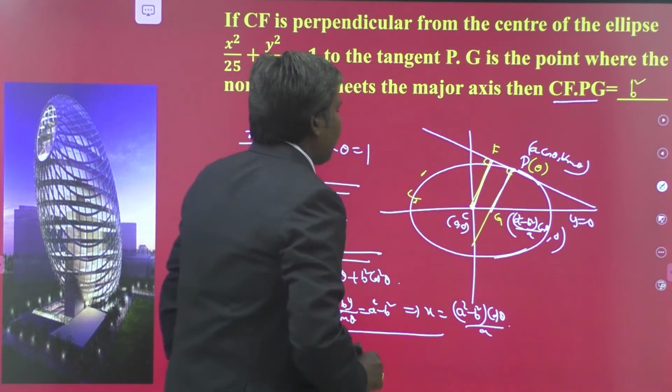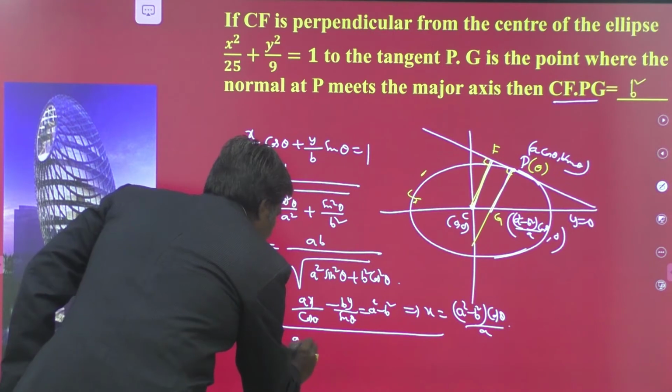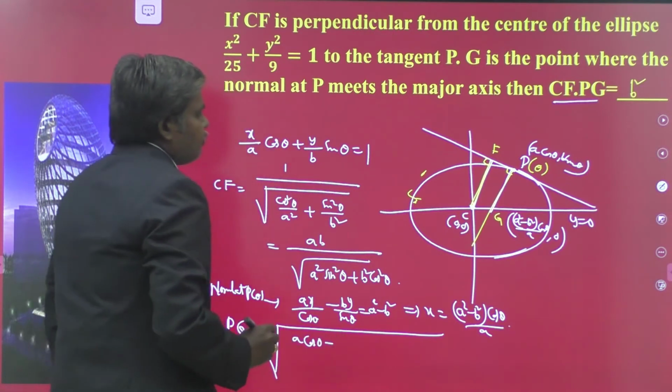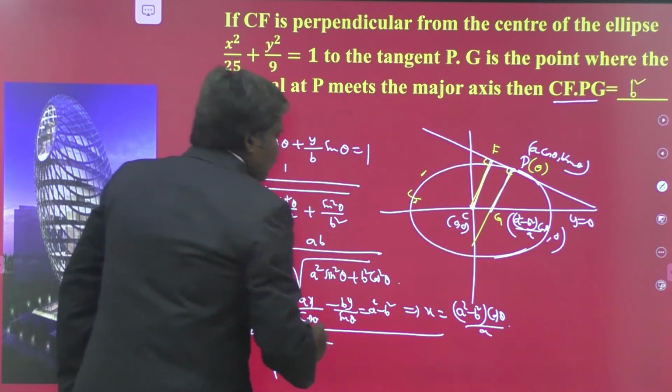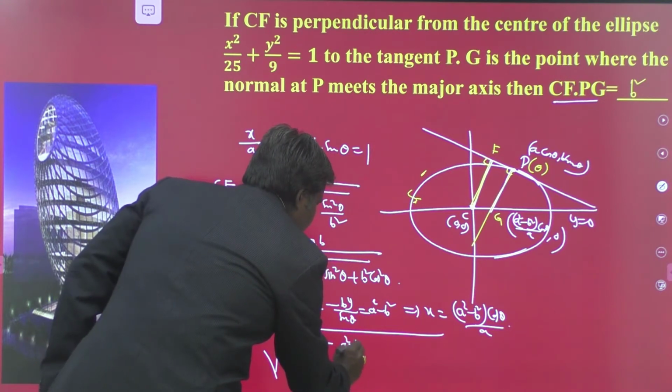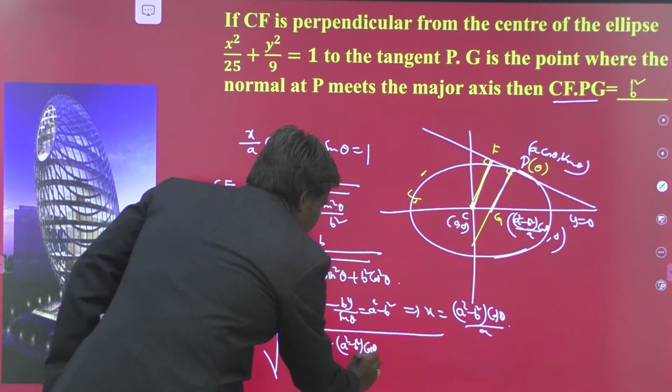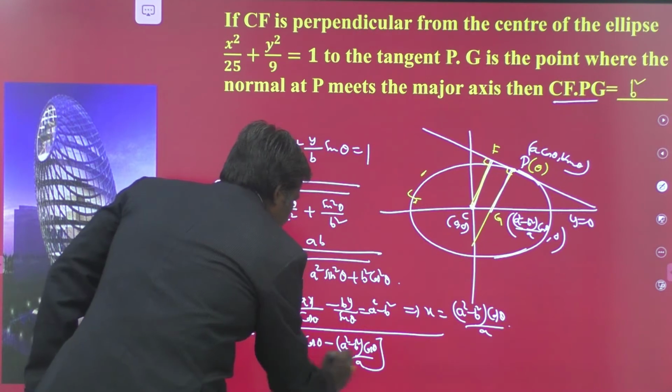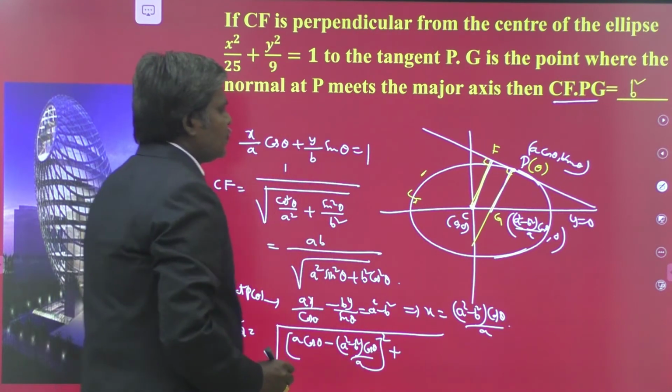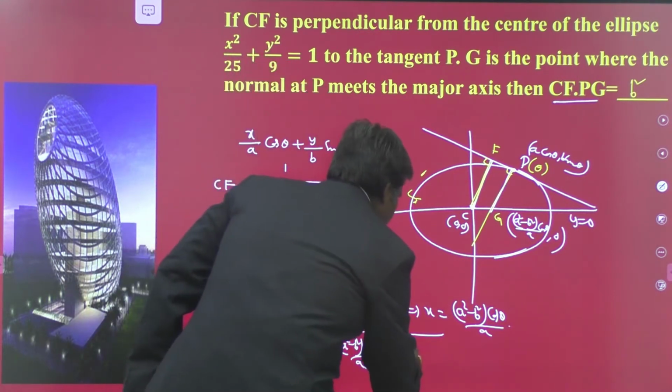A cos theta minus A square minus B square cos theta by A, whole square, plus B square sin square theta.